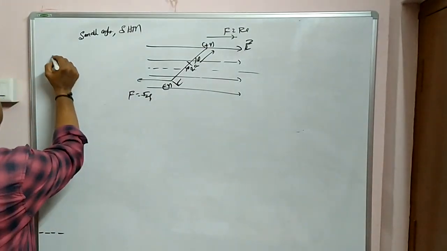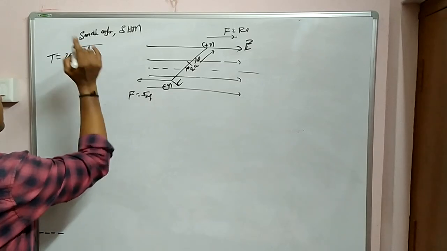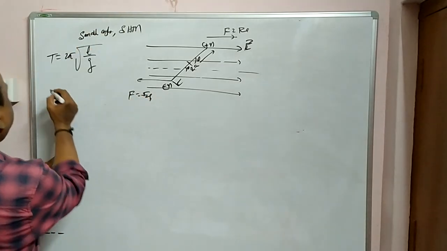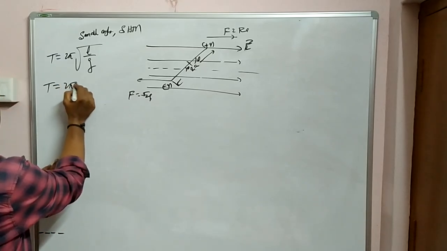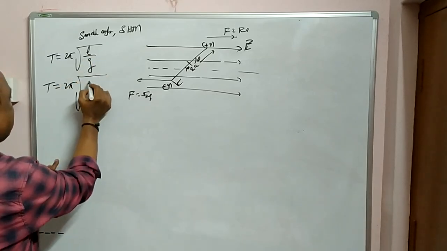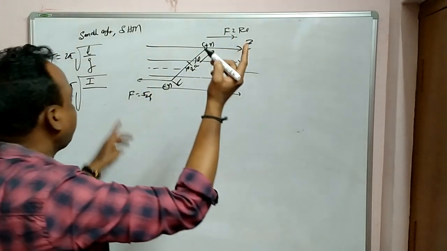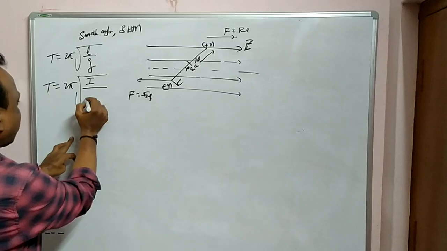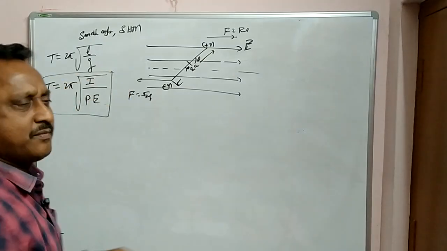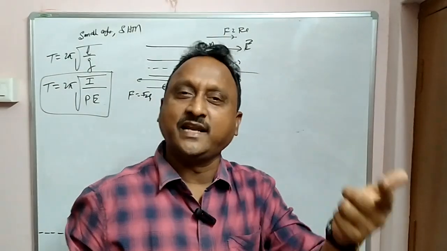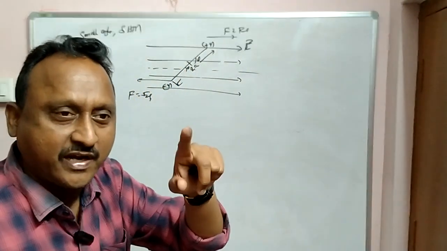So what we already know is T is equal to 2 pi root over L by G for a simple pendulum. But in this case, the time period of an electrical dipole is given by 2 pi root over I by PE. In magnetism it is I by MB, where M is the magnetic dipole and B is the magnetic field induction.